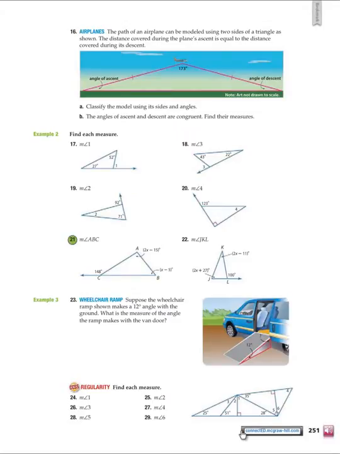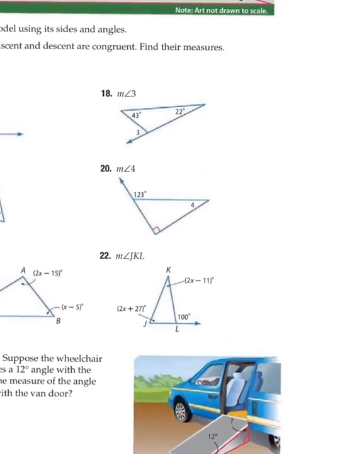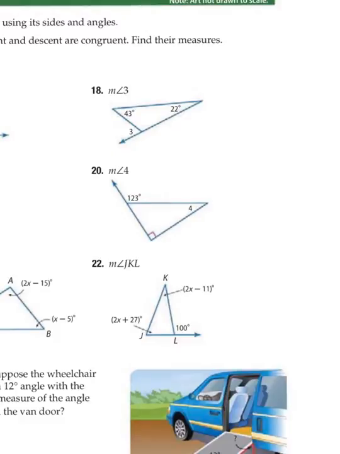Okay, let's see. We're looking here at some of the ones that you had for homework. So number 18 for homework, you have an exterior angle, and that exterior angle is equal to the sum of the remote interior angles. So I'm going to change color here. Let's blow this up. Angle 3 is exterior, so the measure of angle 3 needs to equal the 43 plus 22, or 65 degrees.